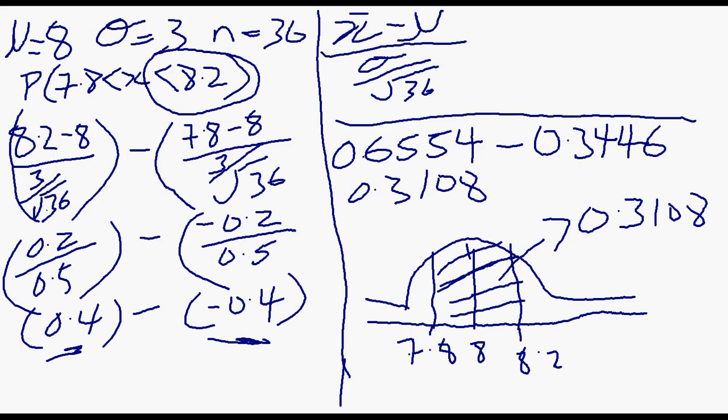But wait, is it 0.3108, this one? Where from that one? I don't understand. It's 0.3108. I'm just drawing it, the arrow. I'm just showing that the probability of the thing within this zone will be this one.